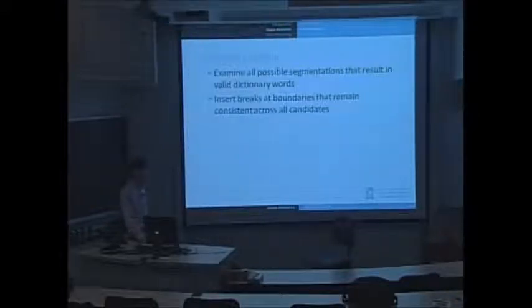We look at the first 1 phoneme, and is that a word? We look at the first 2 phonemes, is that a word? The first 3, and we do that all the way up to the length of the thing. And we eventually hit all possible segmentations. And if there's any word breaks that are consistent across all possible segmentations, the only way to segment it involves that word break, we insert that too. And again, this will come up in an example if that explanation was not perfectly clear.